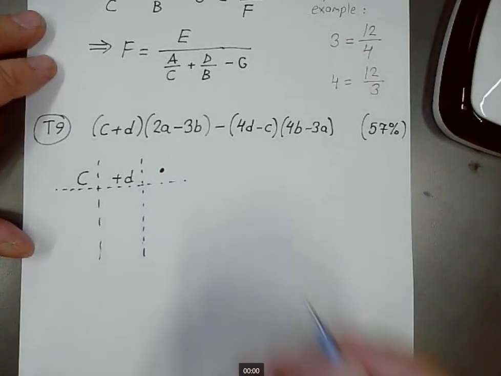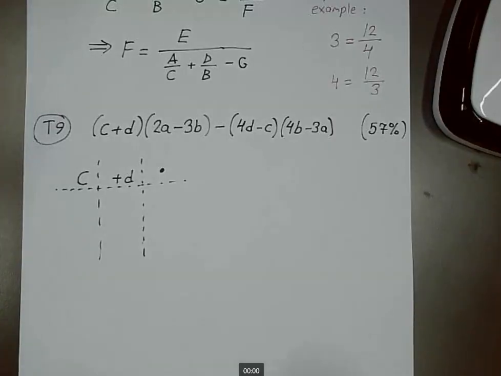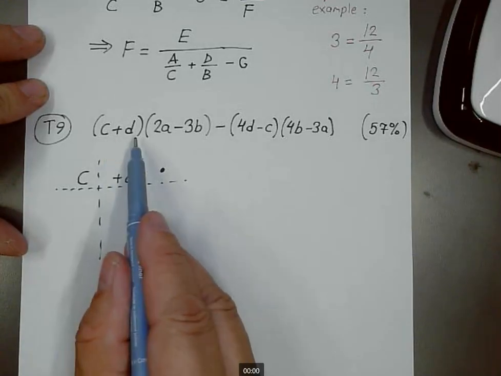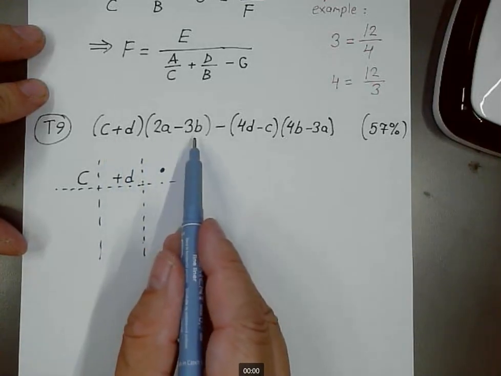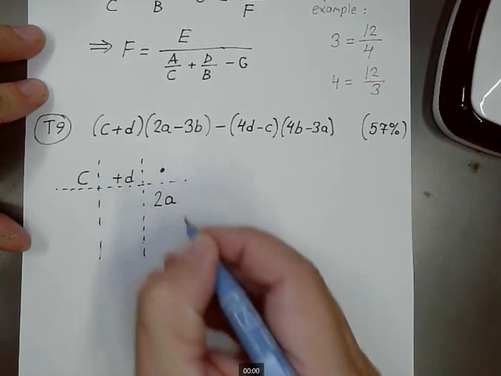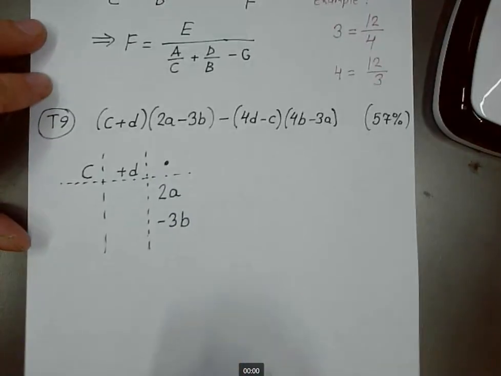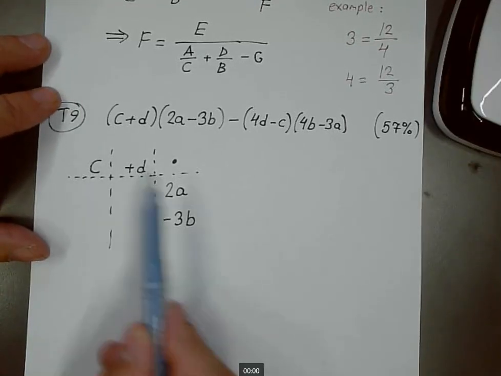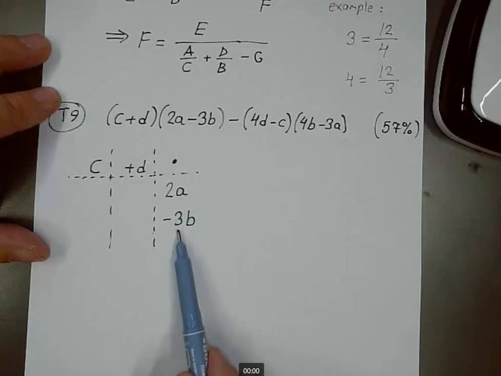And here is the multiplication sign, and we will be multiplying C plus D with 2A minus 3B, and I will write 2A and minus 3B like this. So here is C plus D, and here is 2A minus 3B.